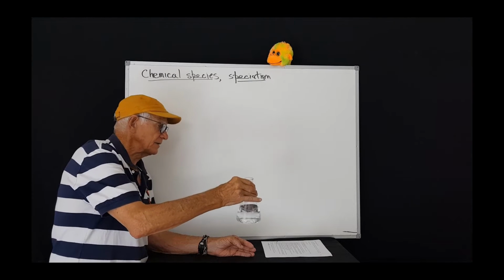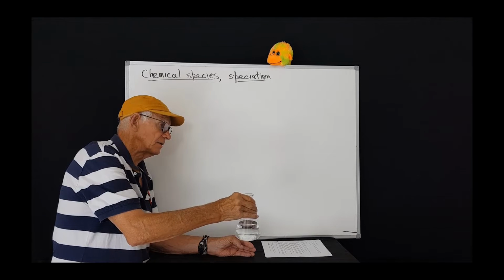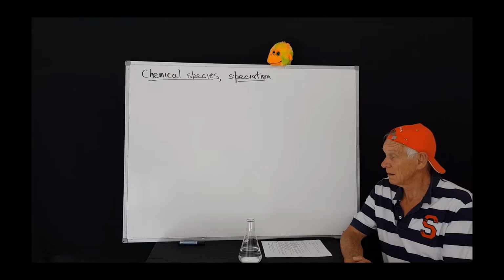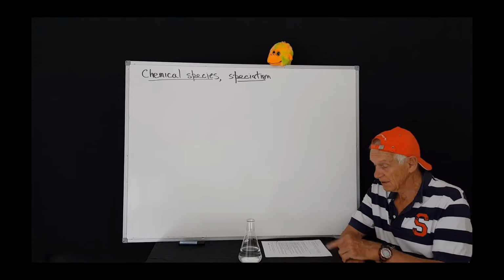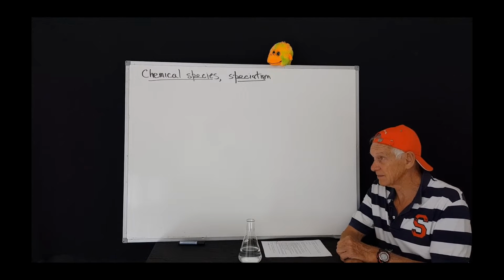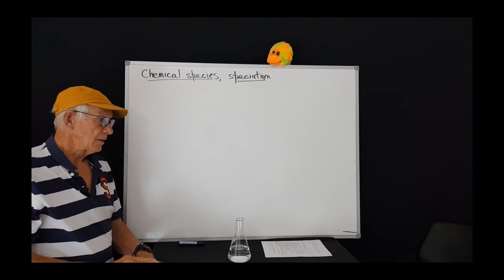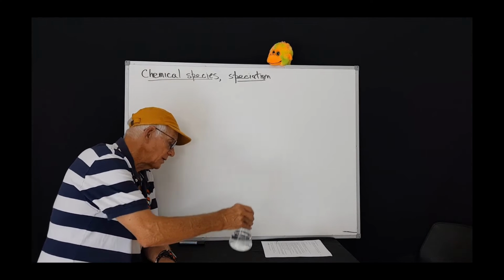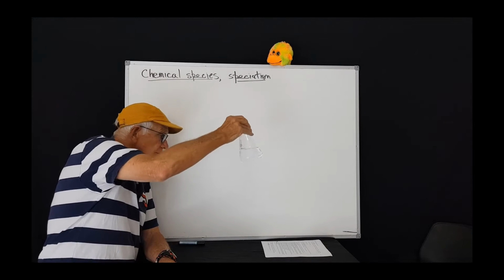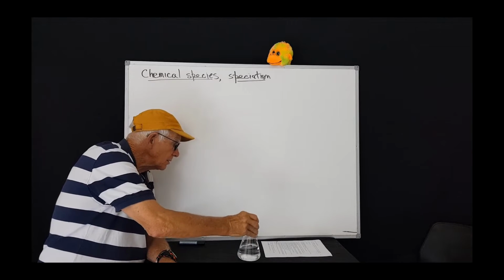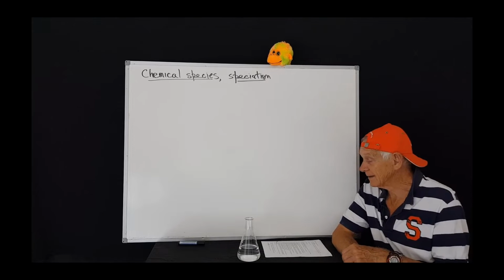What's in the container, Aussie? Well, if that was water and that was salt, then there's water and salt in the container. Aussie, I can't see any salt. Can you? Aha!